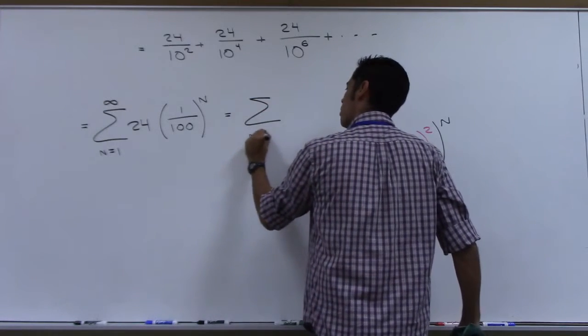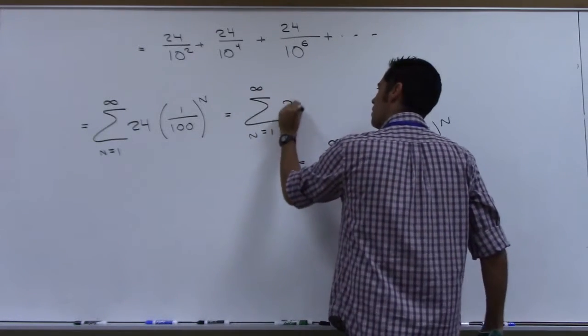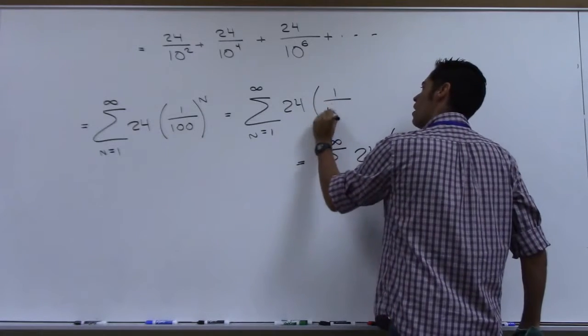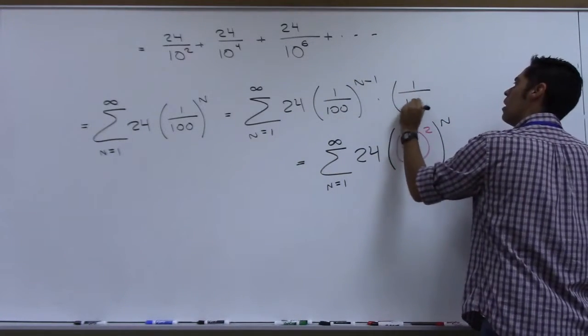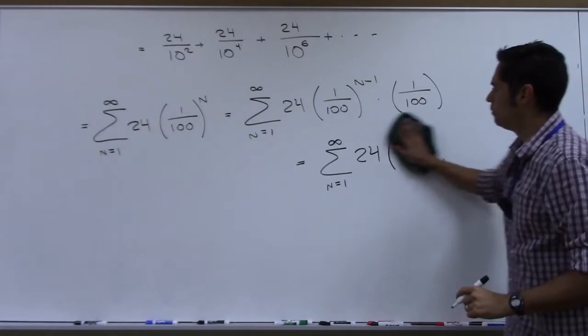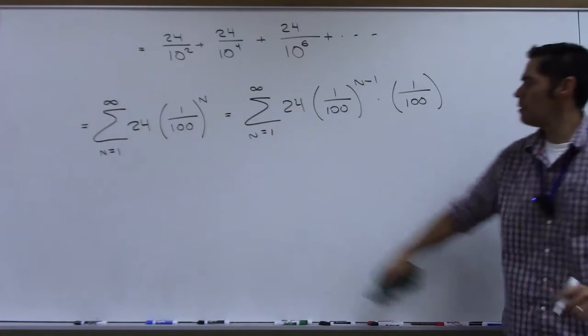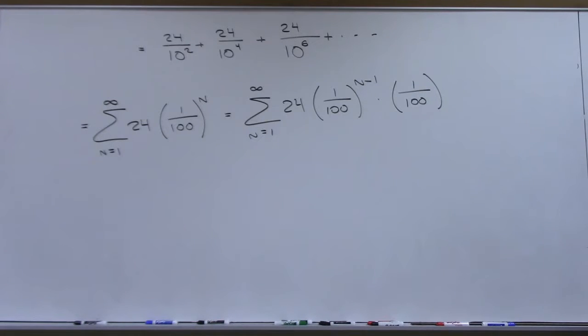Sum n equals 1 to infinity, 24, 1 over 100 to the n minus 1 times 1 over 100. We're almost there, right?